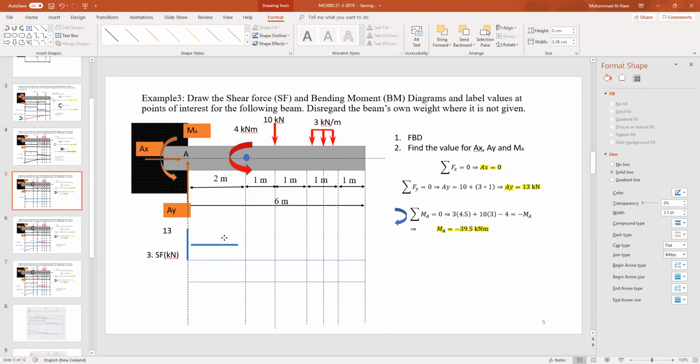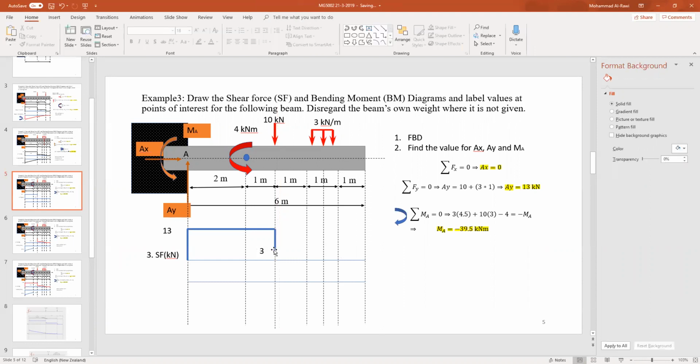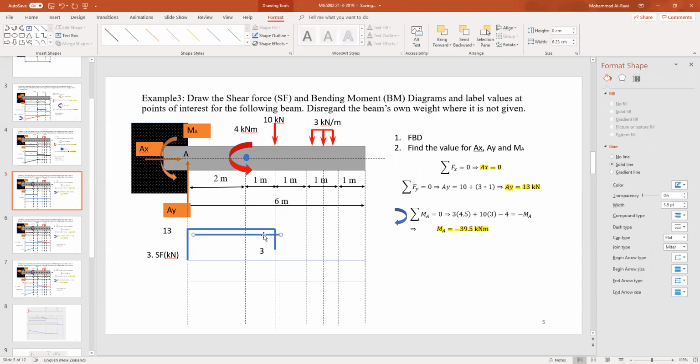And if you look carefully, from that point, you continue straight till the 10 kilonewtons, which is taking me down with a value. So it will be 13 minus 10. The remaining is 3. And then I'll put the value here to indicate this equals 3. And then from here, I will continue straight till I reach the UDL.